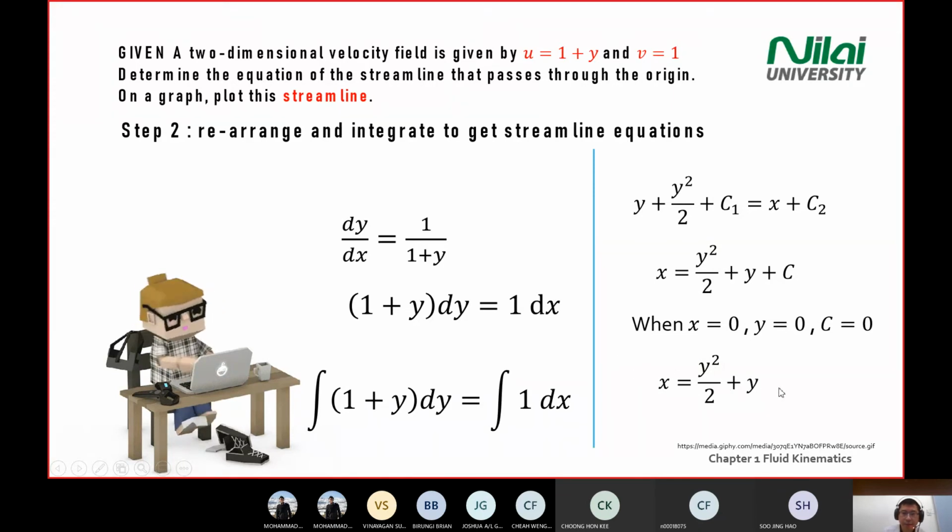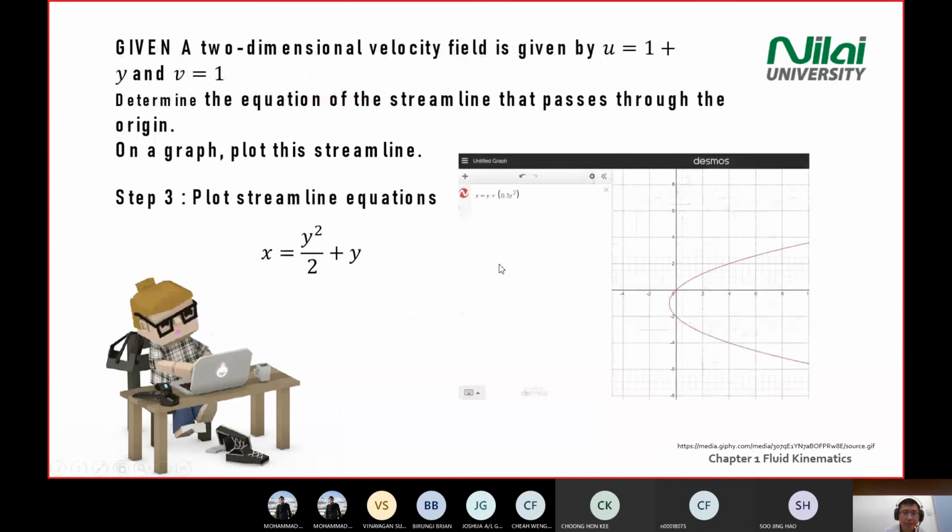Okay, streamline equation. Again, if you don't know how to plot a graph, you can use the online material that I showed you just now. You rearrange this equation. So how do you type in this equation? On the screen here, I already showed you one example.